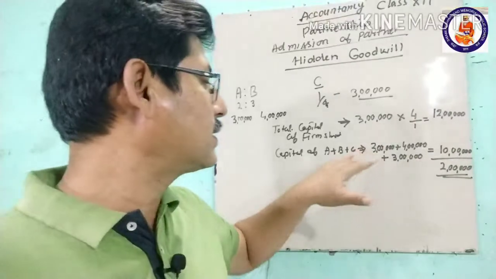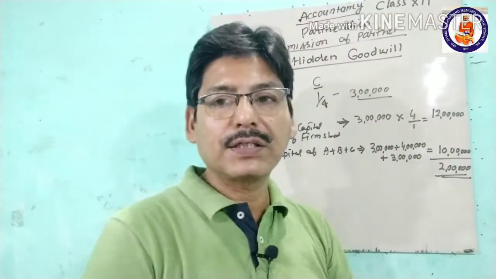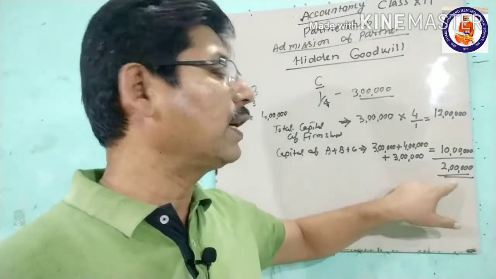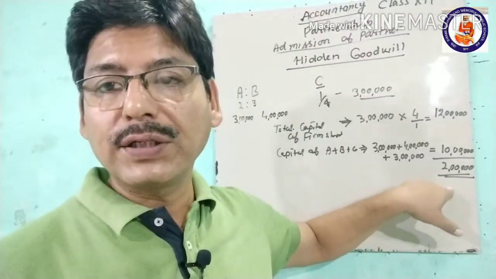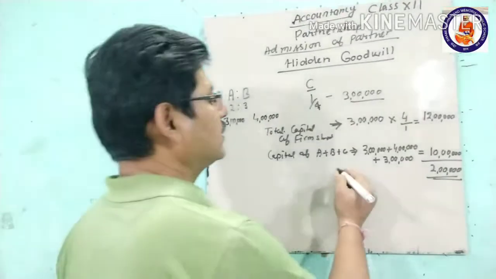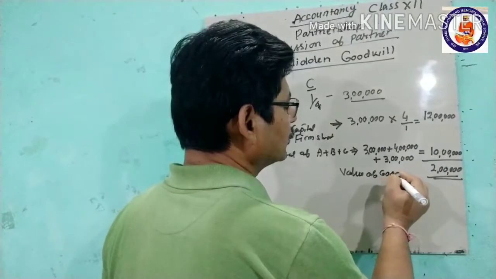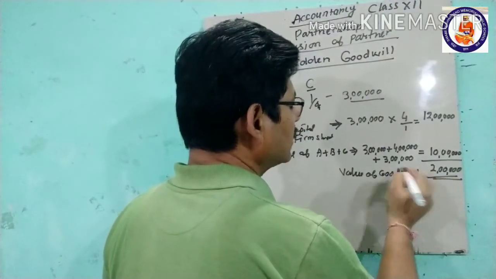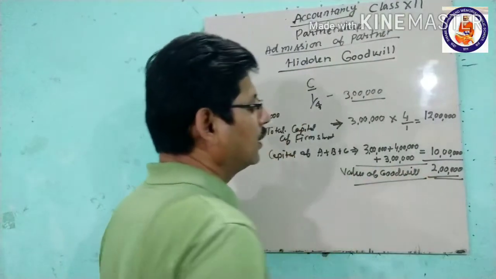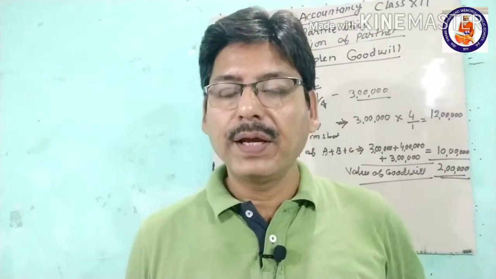If you deduct the capital of all three, 10 lakh, from 12 lakh, it comes to 2 lakh. So this 2 lakh is the value of the goodwill in the firm. This is not given in the question, and this is the hidden goodwill.